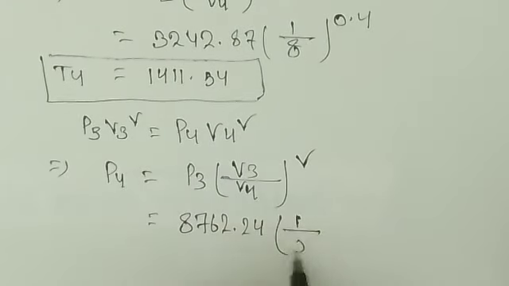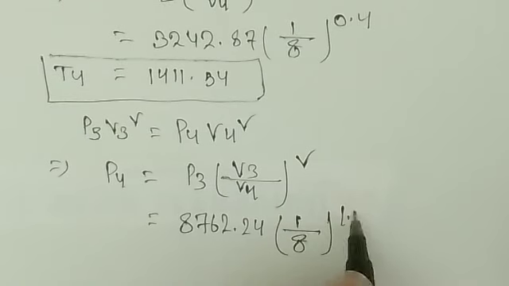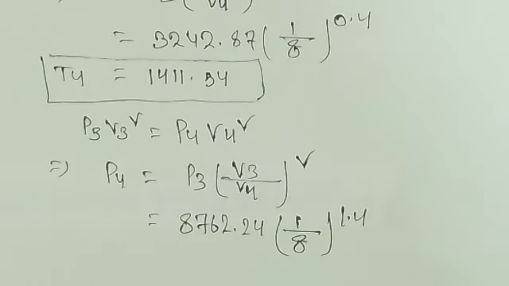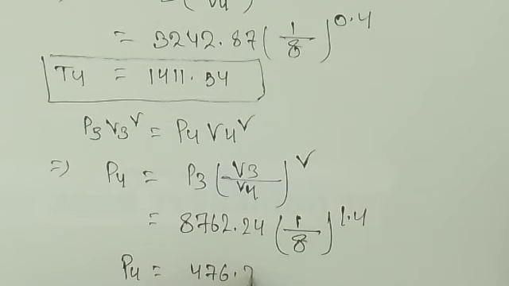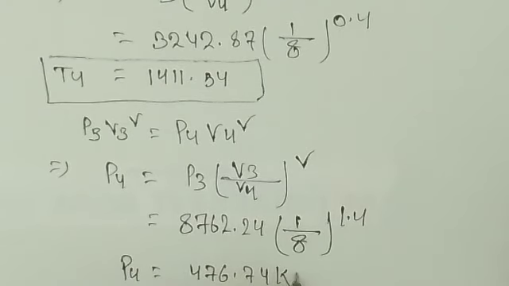Gamma is 1.4, so you can substitute 8762.24 times (1 by 8) whole power 1.4. So your value of P4 is 476.74 kilopascal.